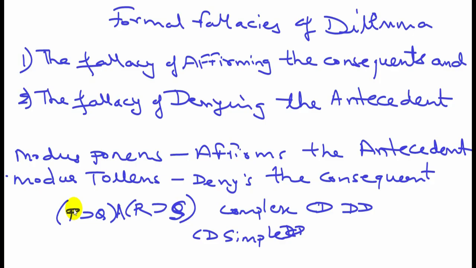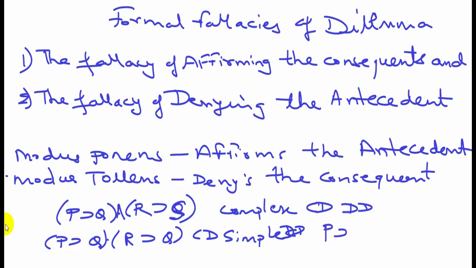In the simple constructive dilemma, which we saw earlier, the antecedent remains the same. So, P implies Q and R implies Q. Whereas in the simple destructive dilemma, the antecedent remains the same.